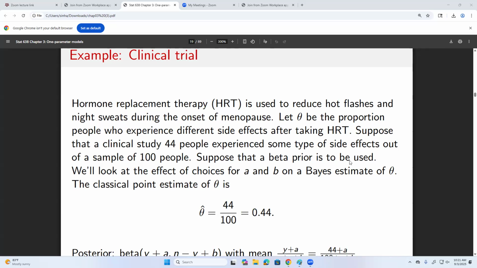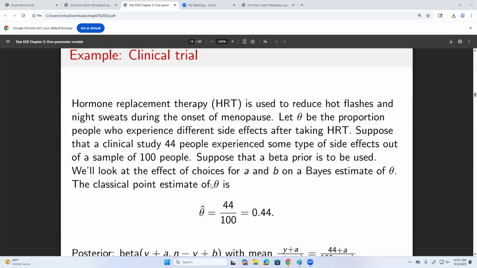Suppose that a beta prior is to be used, and we'll look at the effect of choices for A and B. What are those A and B? A and B are the two parameters of the beta prior distribution, on a Bayes estimate of theta. For the Bayes estimate, we'll talk about the posterior mean as our estimator.